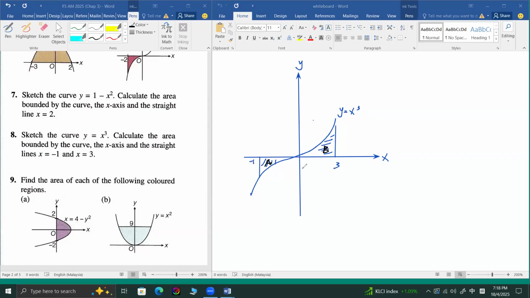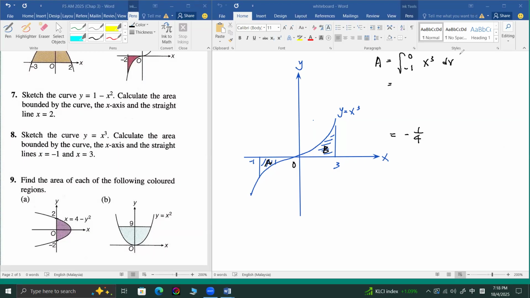Here is 0. You find region A first. You know that region A is negative. So you integrate from -1 to 0 of x cubed dx, like just now. You get -1/4 because it's below the x-axis.